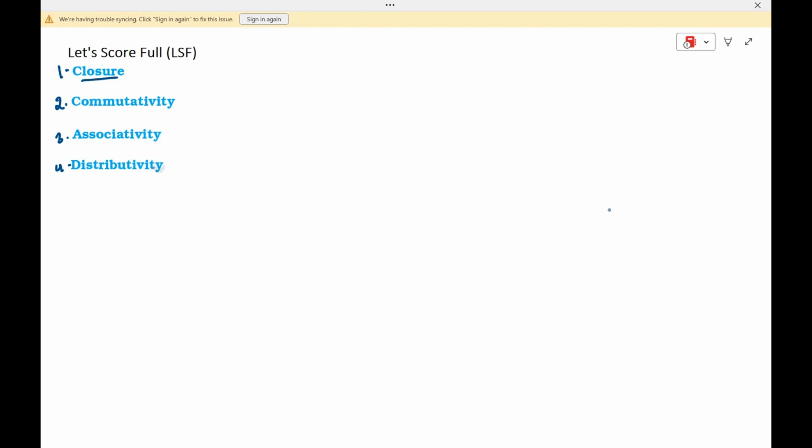Closure property, if I talk about whole numbers, it means if I add two numbers, suppose 2 plus 3, which is 5. So if I add two whole numbers, again I'll get a whole number. Then I will say whole numbers are closed under addition. So take one more example.